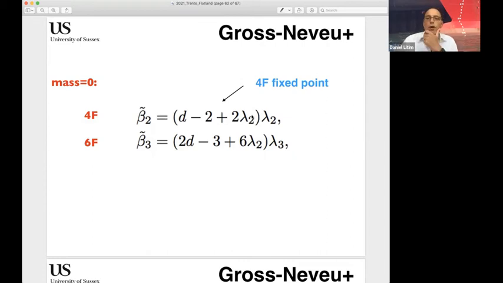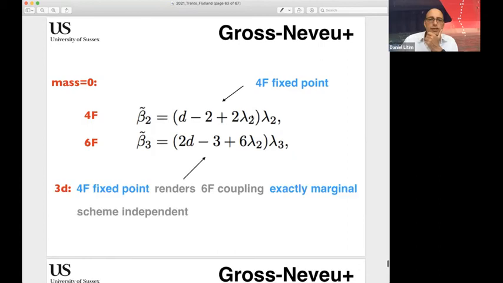But there's now one interesting novelty which arises, which is that if we set lambda2 to its fixed point value, then this renders the 6 fermion interaction exactly marginal. This is rather unexpected. Remember, this is a coupling which has a large anomalous or canonical dimension, okay?